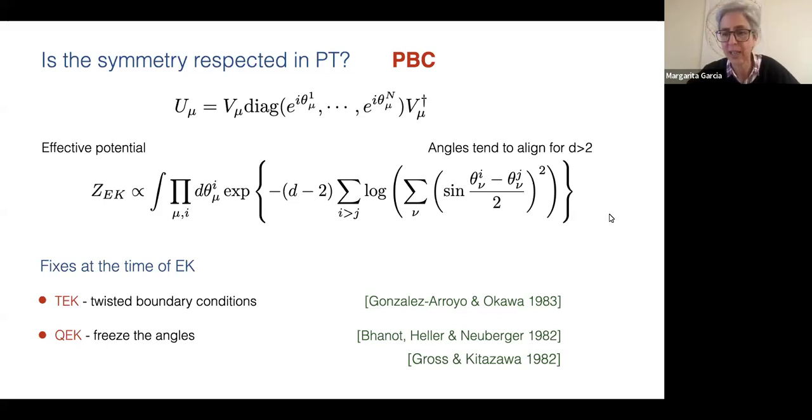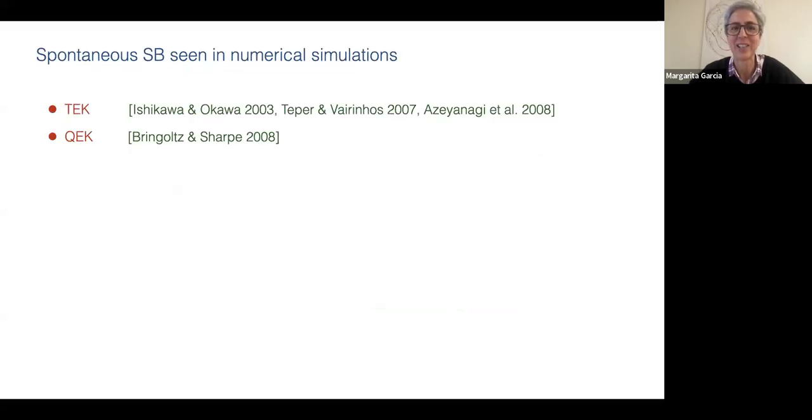So the situation was like this in the 80s. There were a few simulations done, and things seemed to work, but computers were not sufficiently powerful. So in the 2000s, more extensive numerical simulations were performed, and it was seen that in weak coupling there was a spontaneous symmetry breaking. Things didn't work.